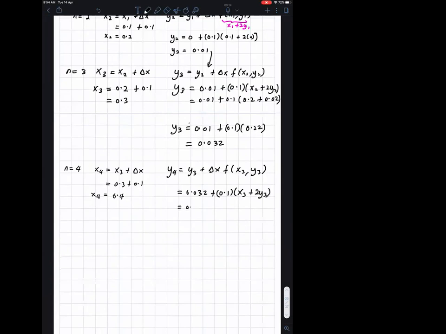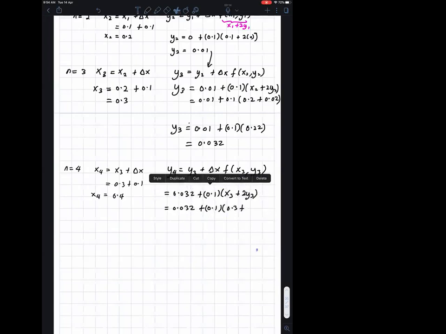So that's going to be 0.032 plus 0.1 times X3, what was X3? 0.3, sir. Plus 2Y3. 2 times Y3 is how much? 2 times Y3, which is 0.032.